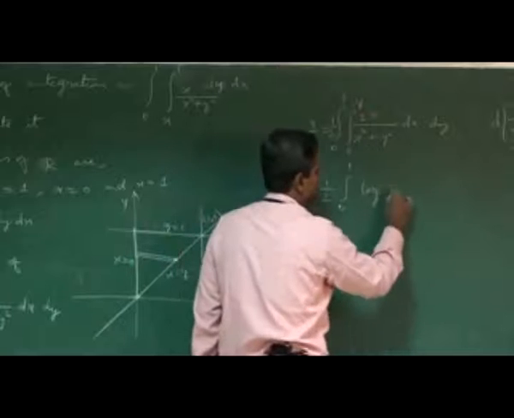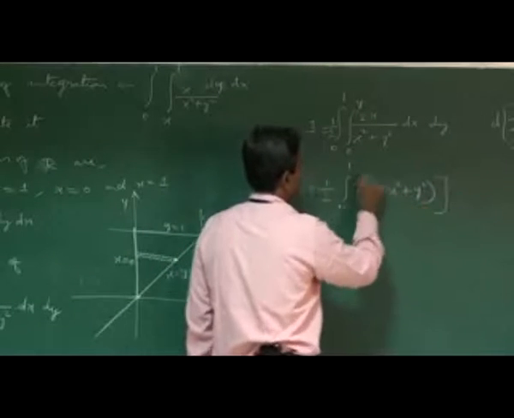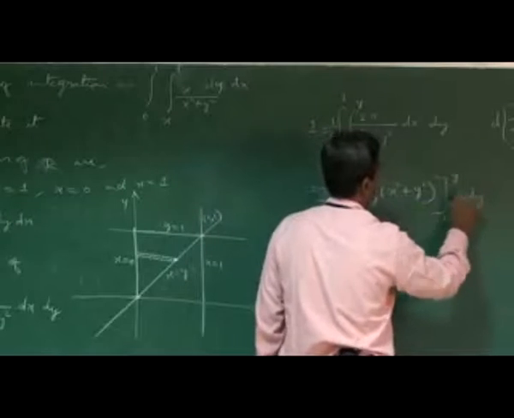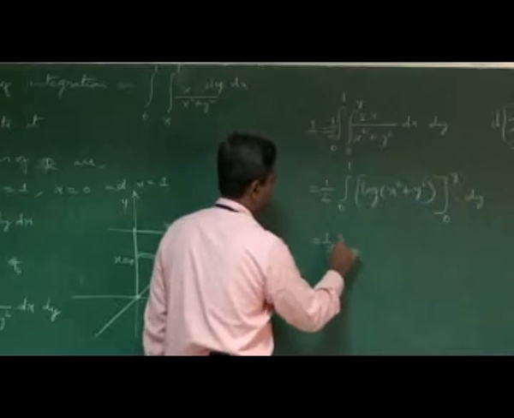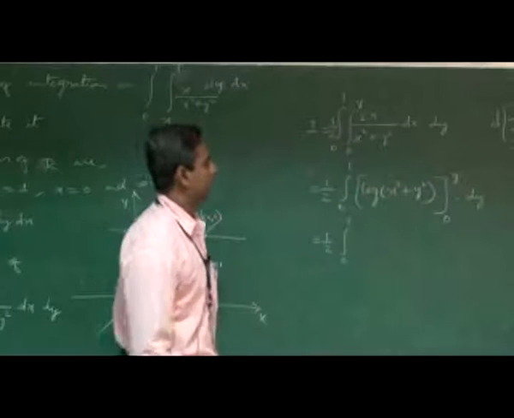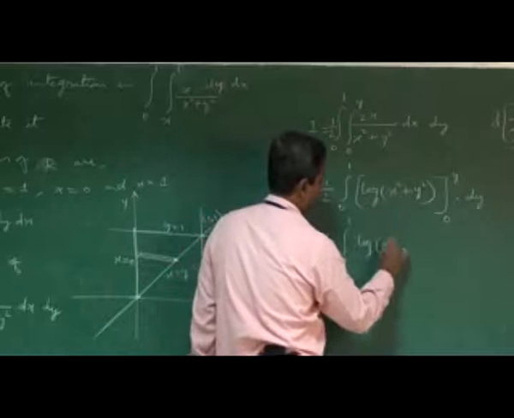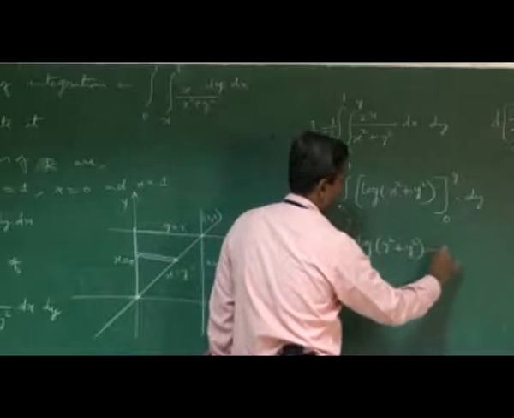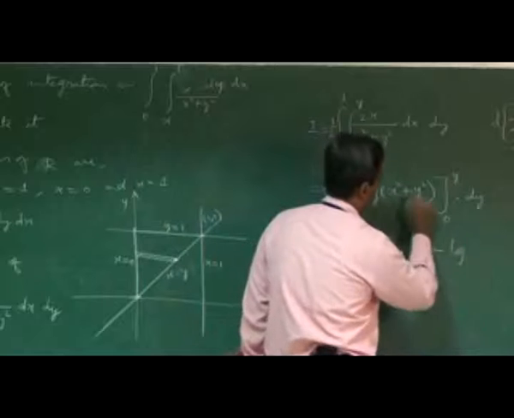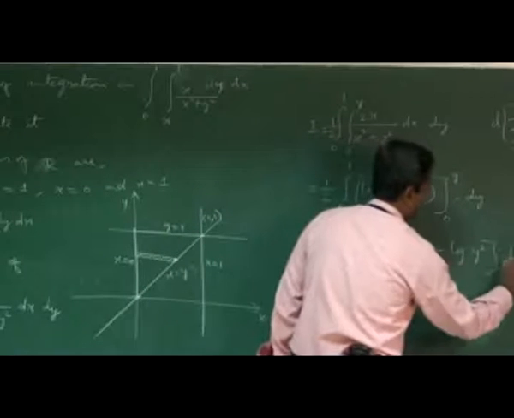The denominator case, that is x squared plus y squared, and then the limit varies from 0 to y into dy, that is equal to 1 by 2 into integral of 0 to 1. We substitute the upper limit for x, we have got log of y squared plus y squared, minus the lower limit of x is 0, so log of 0 plus y squared, we have got y squared for the second term into dy.